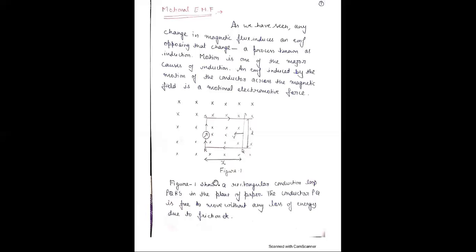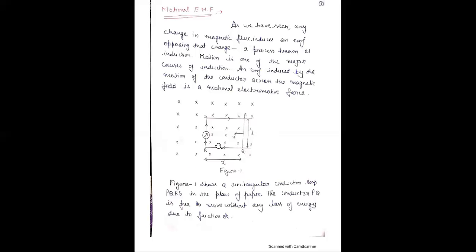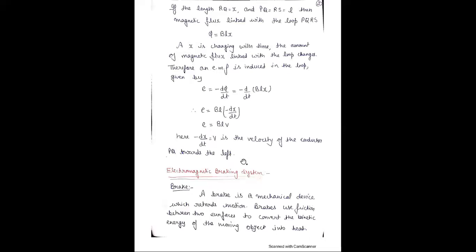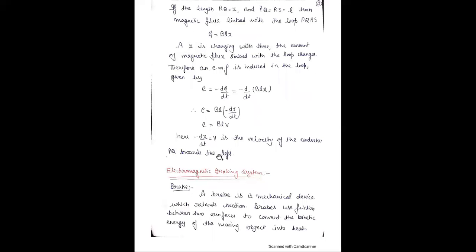Now, let the length RQ be X and PQ be L. Then the magnetic flux linked with the loop PQRS is phi equal to BLX, because magnetic flux is magnetic field times area, and the area of the loop is L times X. As X is changing with time, the amount of magnetic flux linked with the loop changes.